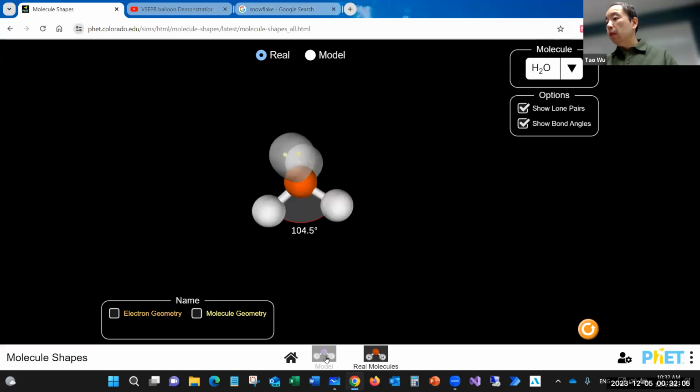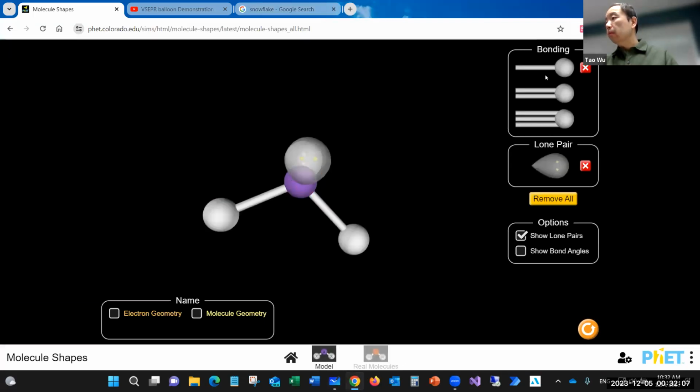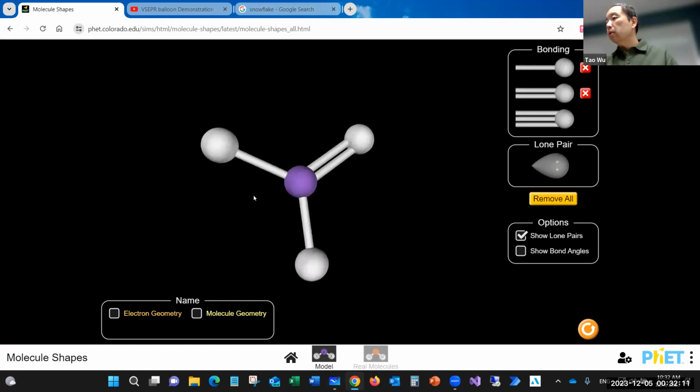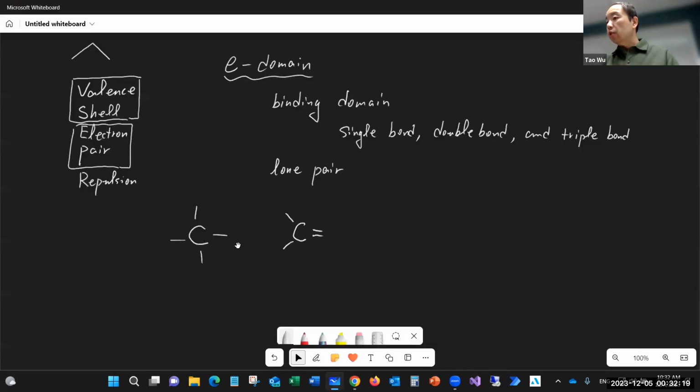It will be like this, a trigonal planar shape, right? So you see, just by changing the bonding, the geometry is completely different. This one is planar, a flat shape, but the other one is a 3D shape.